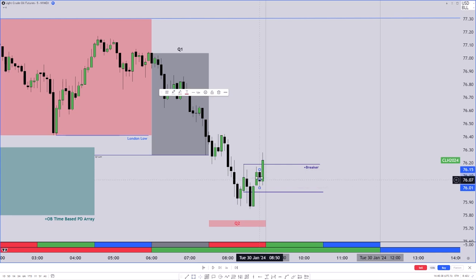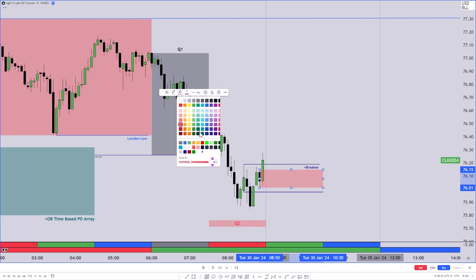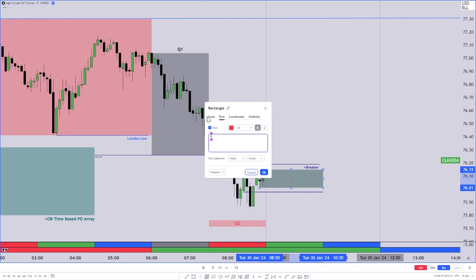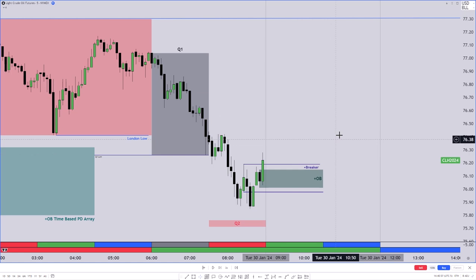This right here stands as a bullish order block. What does that mean? As soon as price draws back into it, we would initially be going long, right?